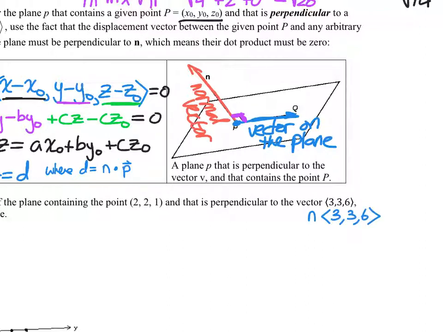If it's going through this point, 2, 2, 1, that's going to be my point P, 2, 2, 1. So I just need vector P, which is also 2, 2, 1. Then I need D, which is the dot product of N and P.